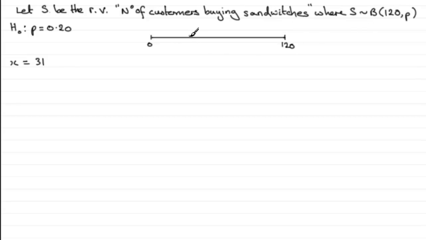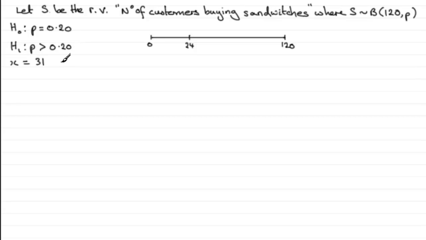So he's expecting 24 generally to buy sandwiches. But if 31 buy sandwiches, then he's thinking, wow, after refurbishment, then possibly the number of people buying sandwiches has increased. And that is our alternative hypothesis then, that H1 is that p is now more than 20%, greater than 0.20.